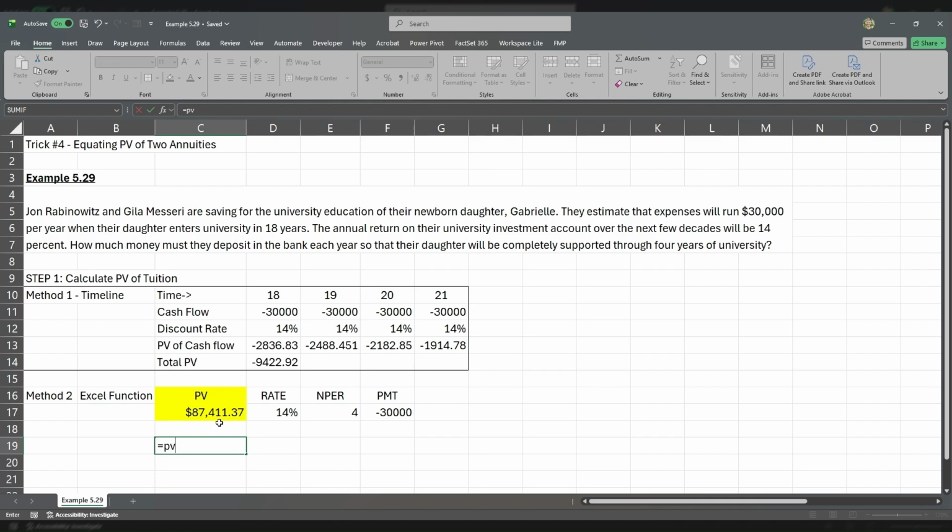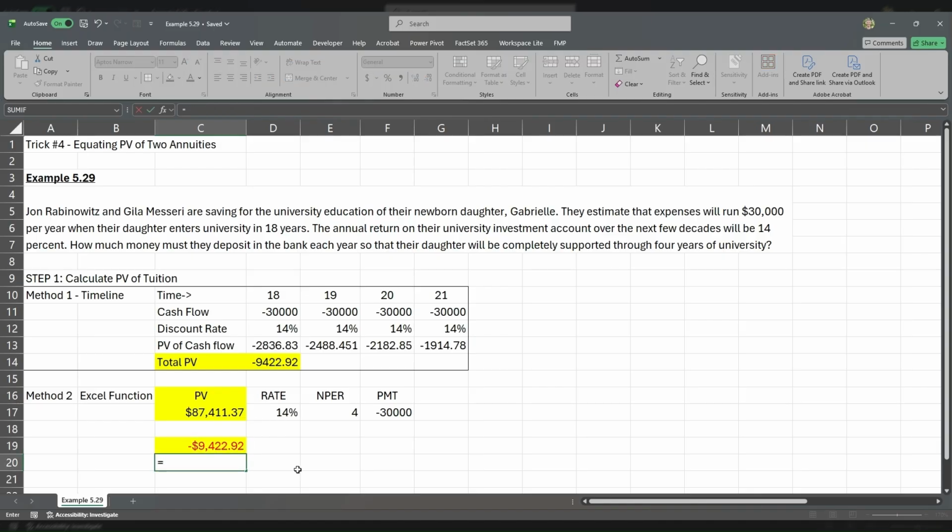And the way I can do that is with, of course, I could use the PV function. So rate and per is going to be 17. My payment is going to be 0, and my future value is going to be this 87,000. And I get this $9,422, which matches what I just calculated.